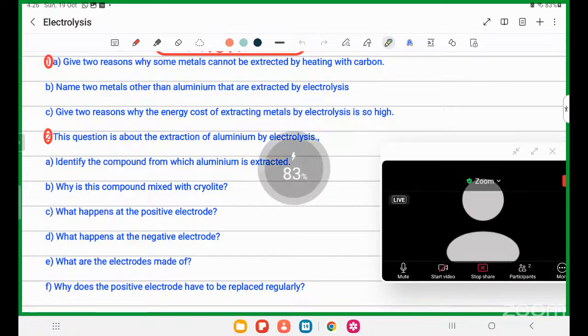To lower its melting temperature. Good. And the next one says, what happens at the positive electrode? Reduction.